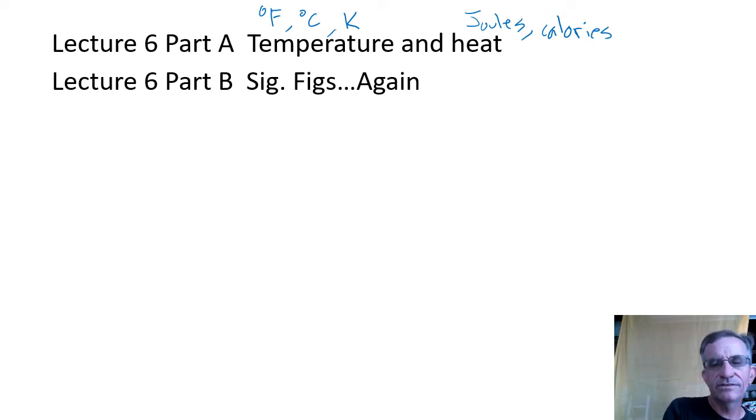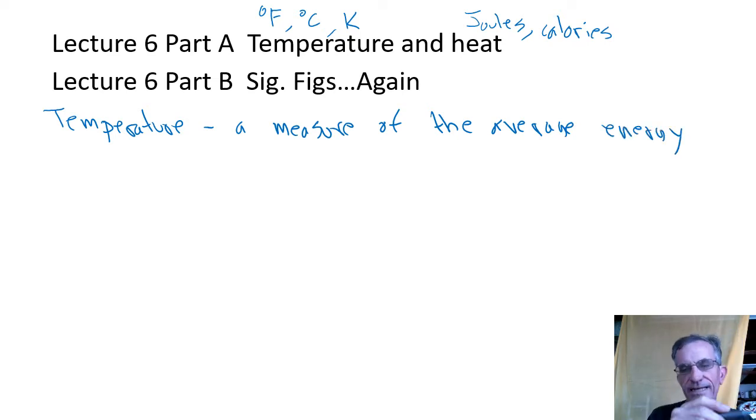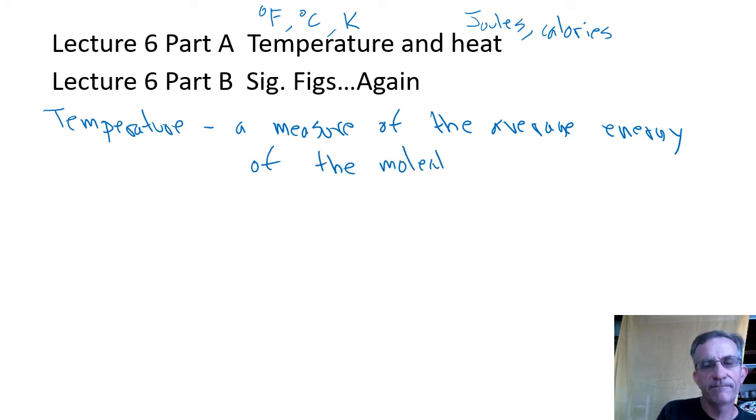So temperature is really a measure of the average energy of the molecules in a substance.